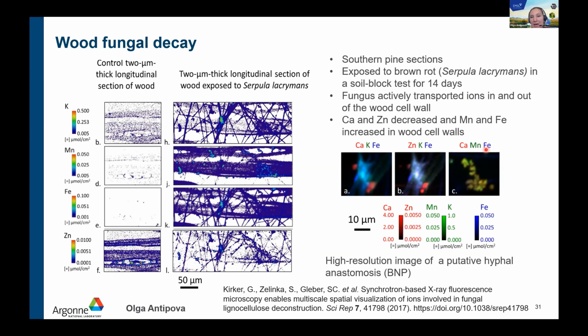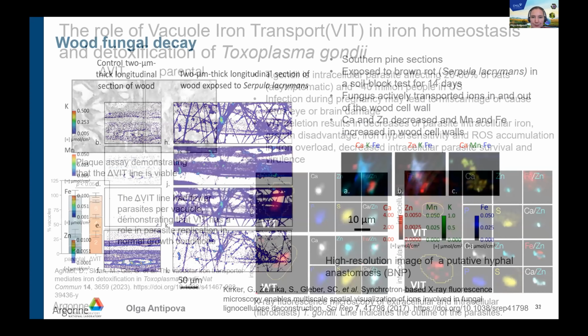And here are the results from the bio-nanoprobe beamline, where they were looking at the hyphal anastomosis, aggregates like this and like this, from what we see at 2ID beamline results, to see what it's made of and what kind of elements you can usually find in those. Unfortunately, at that point, the chemical speciation was not available, so we cannot quite see what kind of potassium we have in those samples.